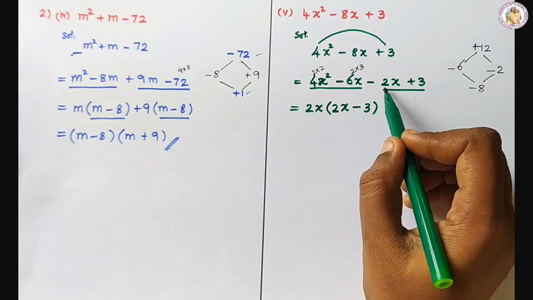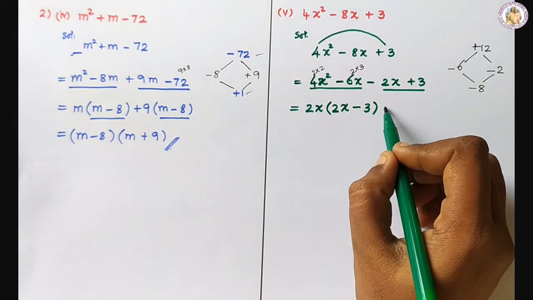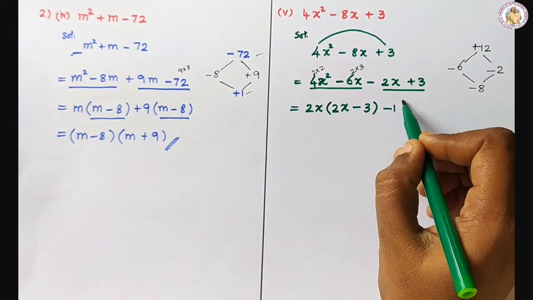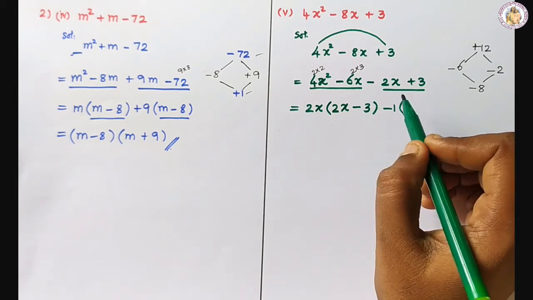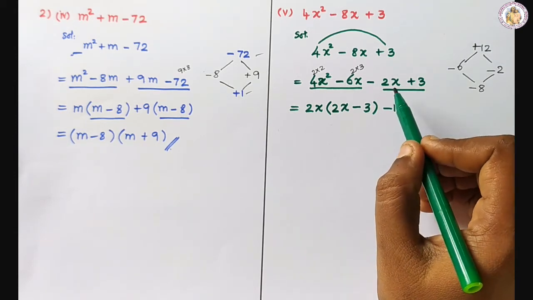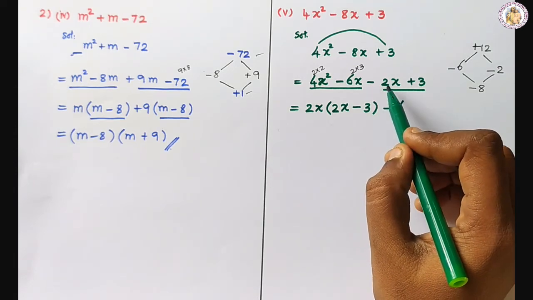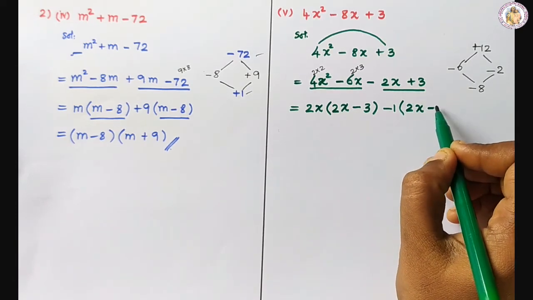Now in this second two terms, taken out minus 1 as common. So what are the remaining? Here minus 2x, taken out minus means the numbers change their sign. So minus 2x means that is plus 2x, plus 3 that is minus 3.